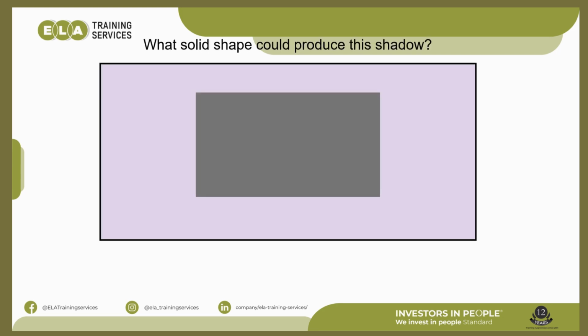We can try and guess the 3D shape from the 2D shadow that it produces. So this 2D shadow is a rectangle. Now what shape could make this 2D rectangle? Imagine you have a flashlight that's shining light onto a shape.